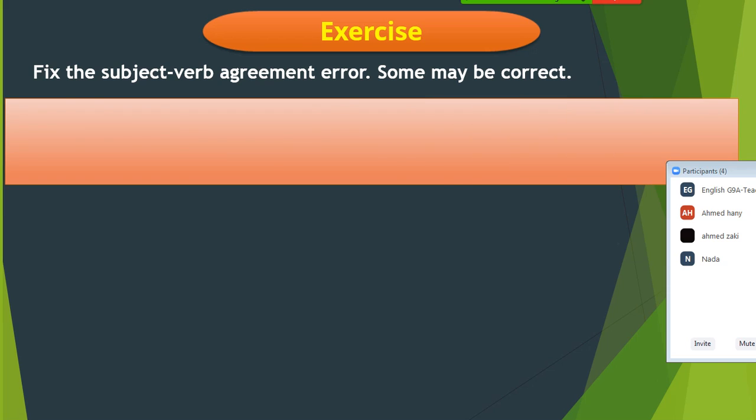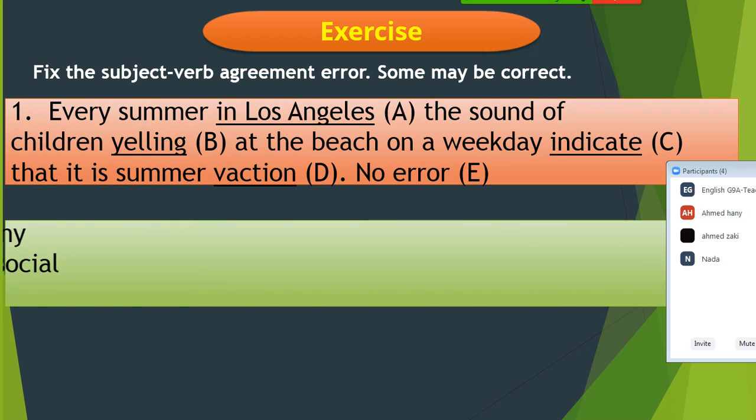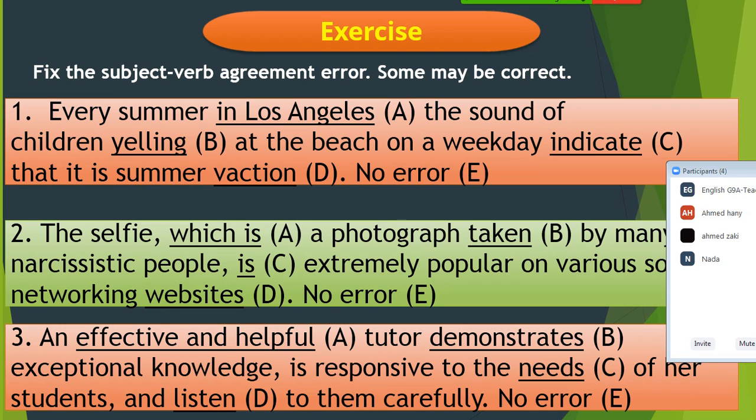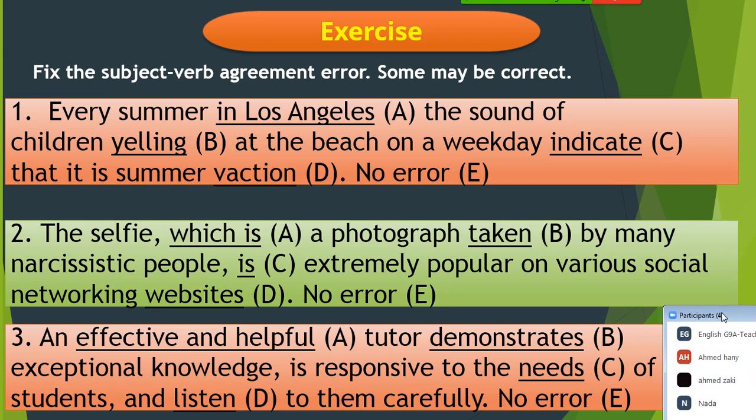Now I show you 3 sentences. We will read each one and answer each one separately. Read whenever any one of you is ready. Let's read the first sentence and find if there is a mistake in A, B, C, or D, or there's no mistake in the sentence at all. Who's ready?